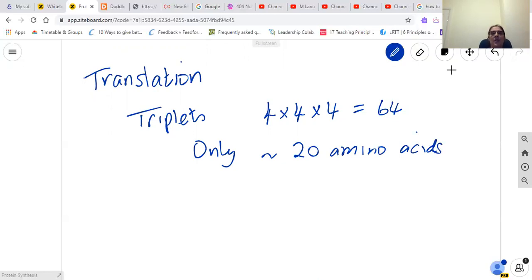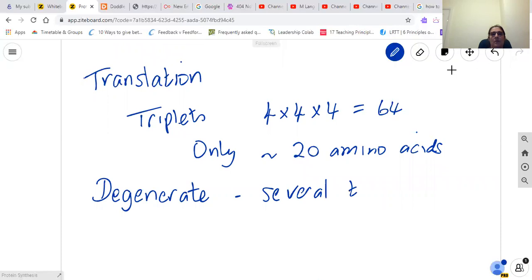Now, what that essentially means is that there are several different triplets that code for the same amino acid. This term means degenerate. That's what degenerate means. It means several triplets code for the same amino acid.